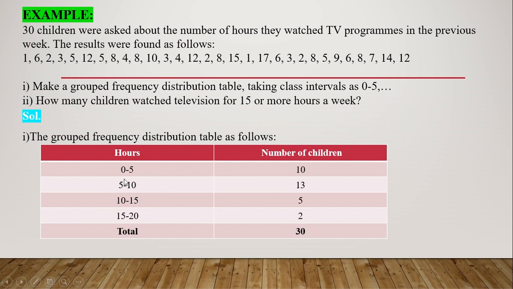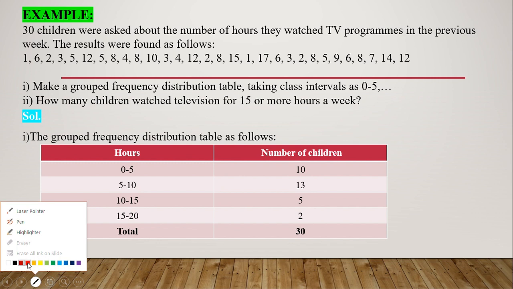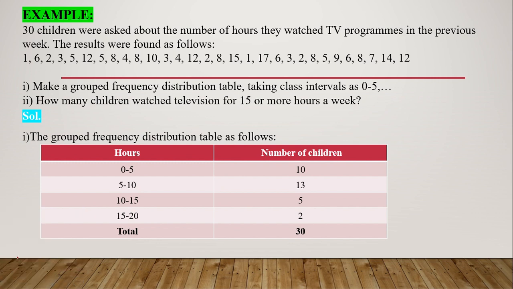First, 0 to 5. How many students watched 0 to 5 hours? That means 1, 2, 3, 4. We should not include 5 over here.